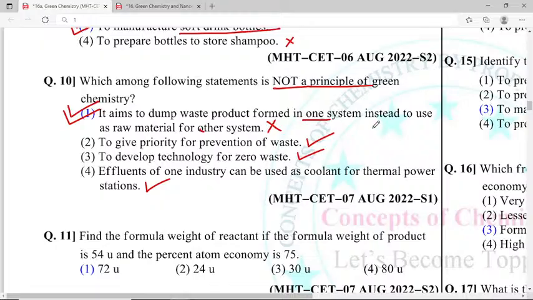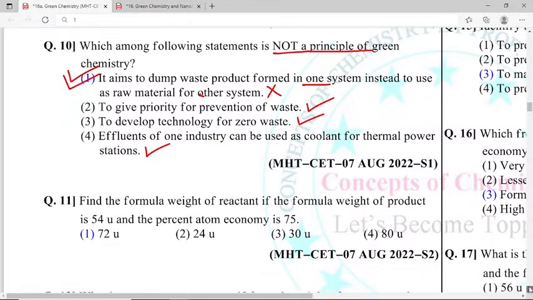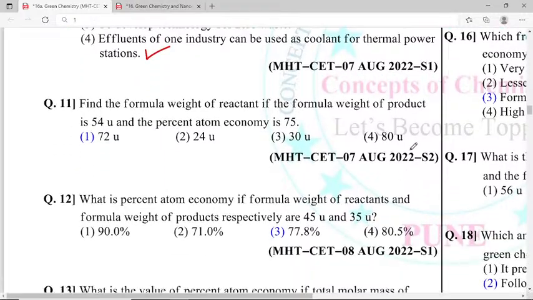Next question: find the formula weight of the reactant if the formula weight of the product is 54 and percent atom economy is 75. So what is the formula here? 75 is equal to the formula weight of the product, 54, divided by the formula weight of the reactant X, multiplied by 100.